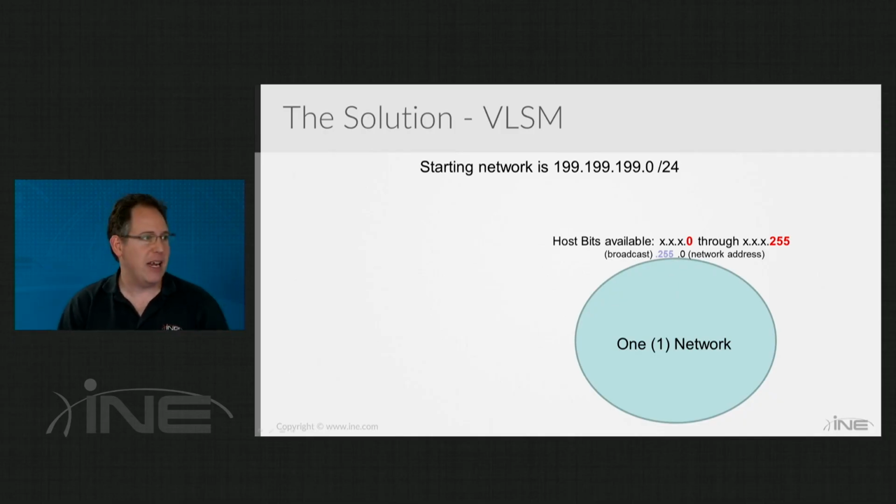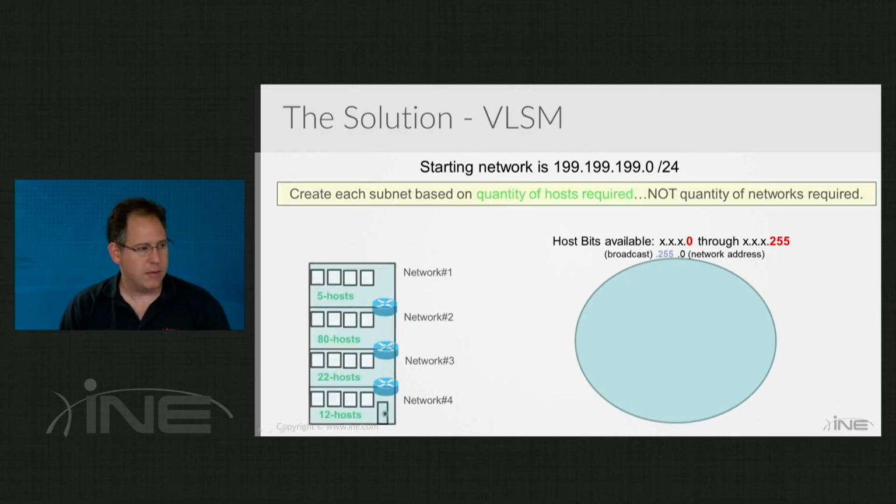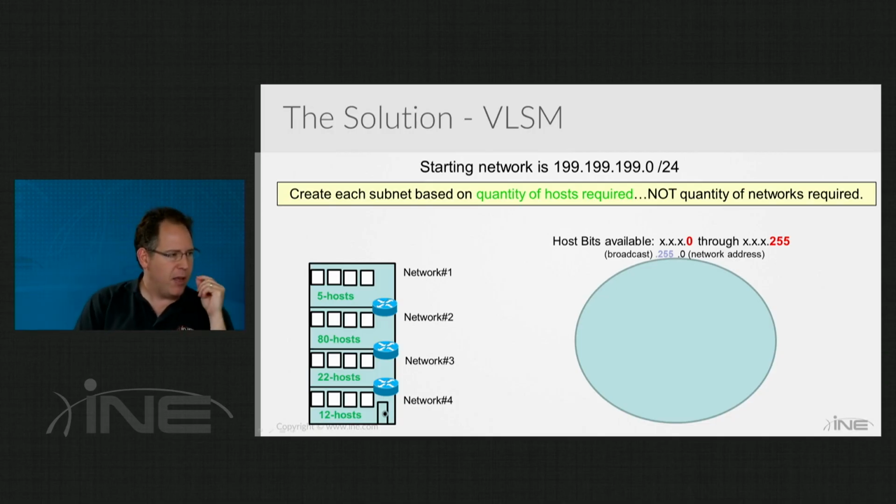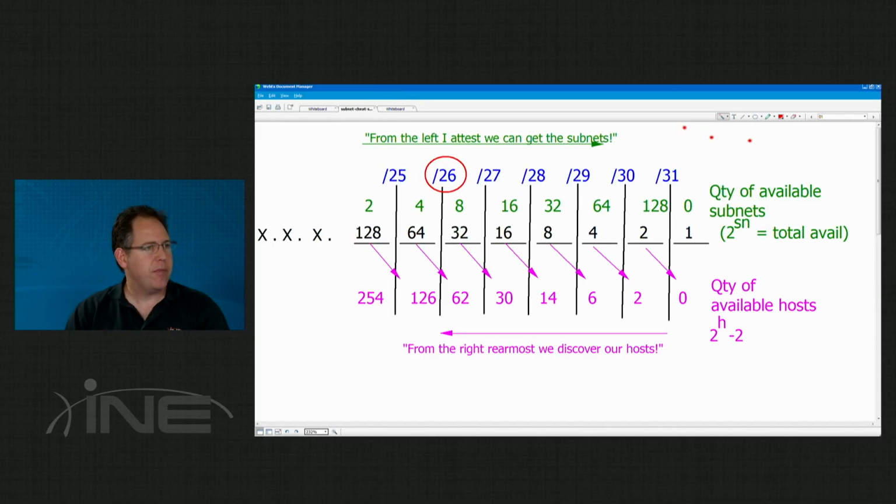So let's do the same example here. In this particular case, we base our subnets on hosts required. Typically the way you do this is you start with the largest network, the network that's going to have the biggest host requirement. So I say, okay, let's see here. 80 hosts. I need 80 hosts. Well, going back to my chart, if I need 80 hosts, what does that mean?